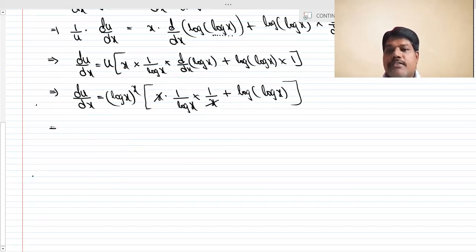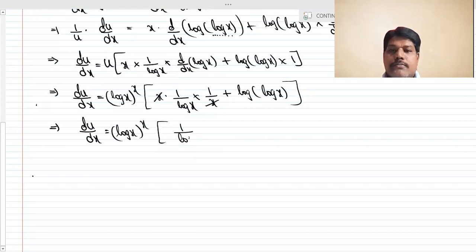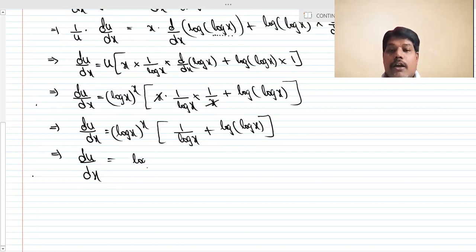that implies du by dx is equal to log x whole power x into 1 by log x plus log of log x. So that implies du by dx is equal to log x power x.